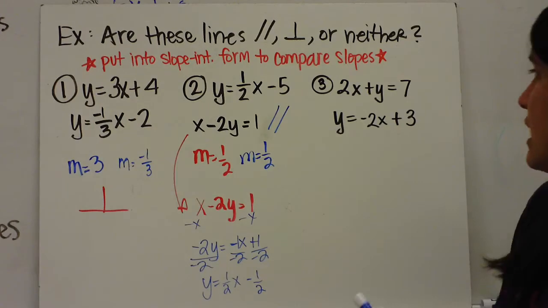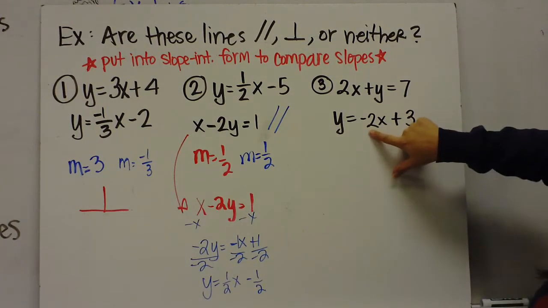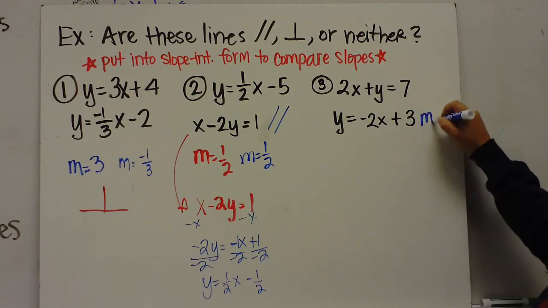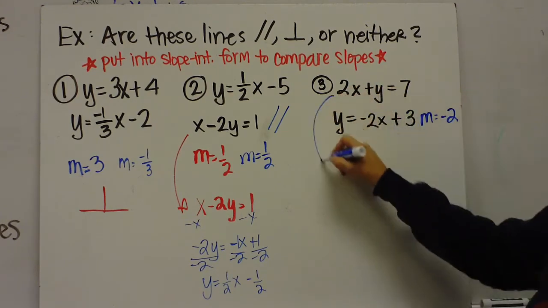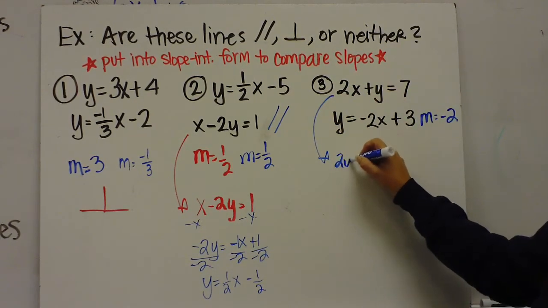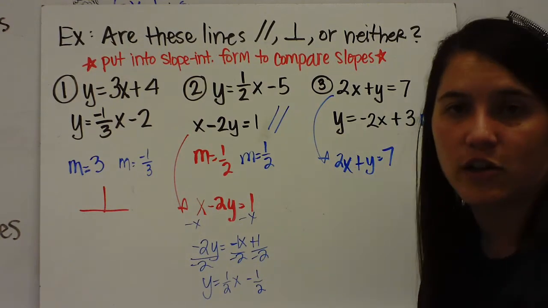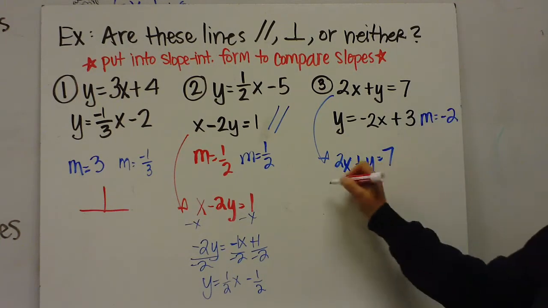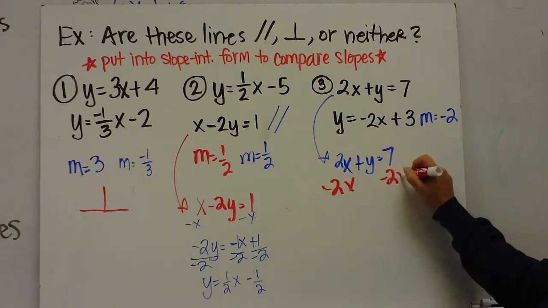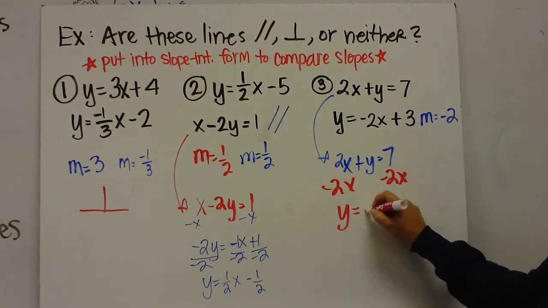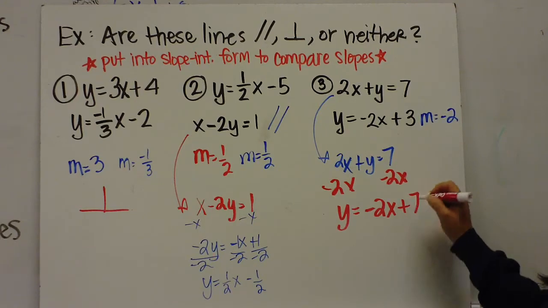Example 3. I have one of the equations as a slope-intercept. So right here my slope is -2. Right here I need to convert this to slope-intercept form. I need to subtract 2x on both sides. Y equals -2x plus 7.